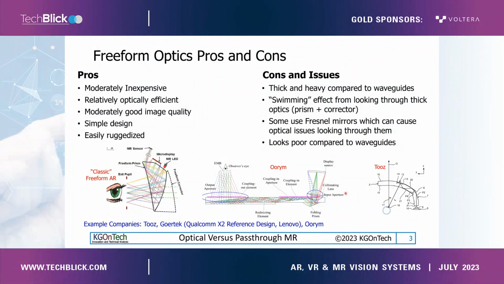We are seeing some other interesting takes on this. One is a small Israeli company called Arim, and they've been demonstrating some interesting progress. I put it in this category, but it's kind of in between a waveguide and freeform, where they're doing some interesting things. Then there's Twos, which has integrated the optics and the lens and everything all in one.